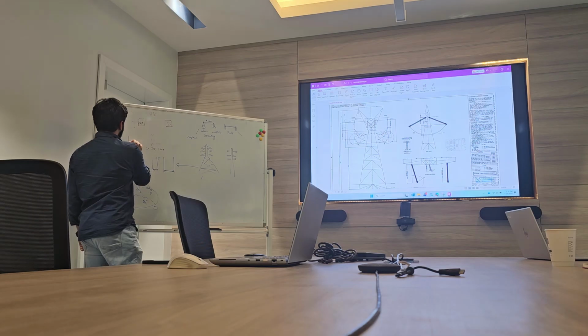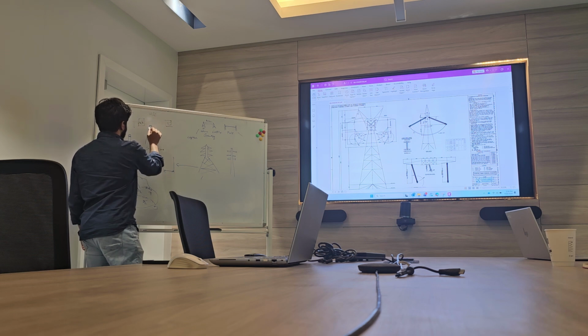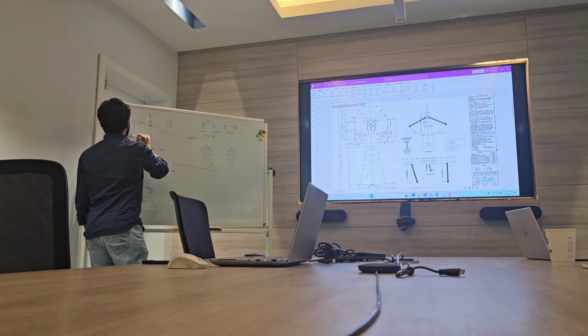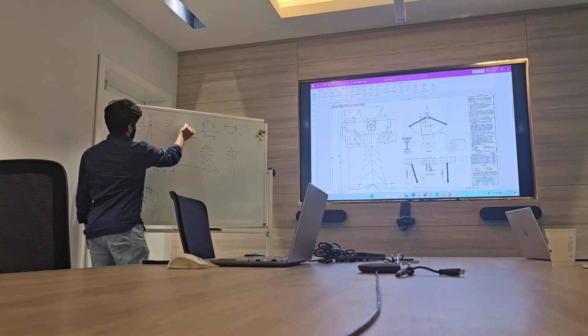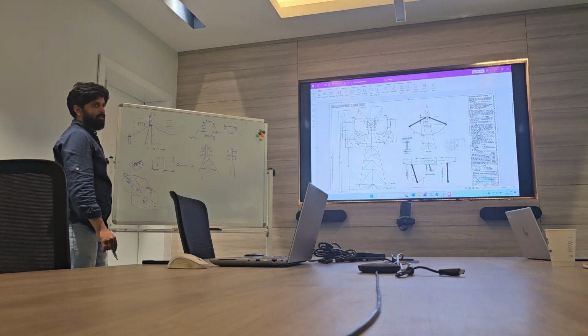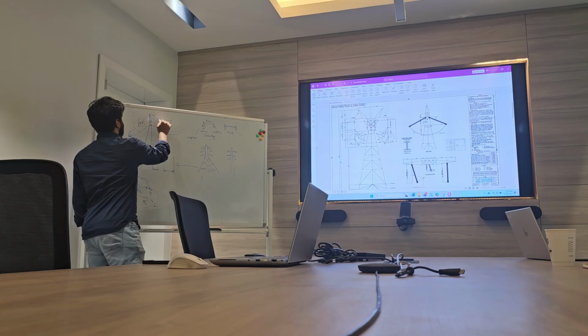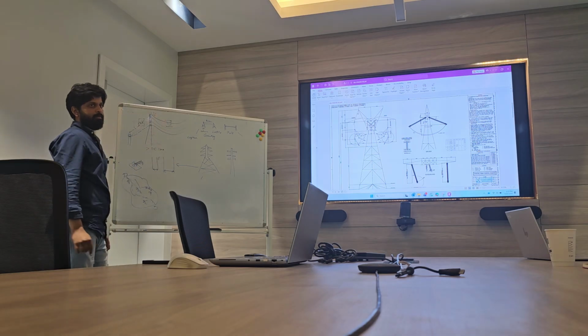If I draw a section, the gantry is here, the tower is here, and then further.